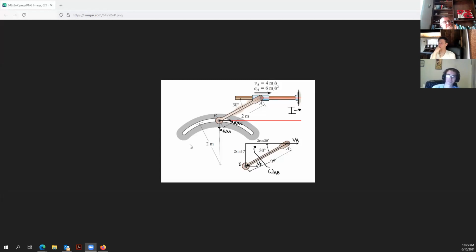Why do you say that though? You said it makes sense. Why does it make sense? Because at that exact moment it's traveling exactly tangent to a circle there. So by definition it has to have no velocity in the y, which is nice, and it simplifies the problem a little bit, but it also took me a lot of time to figure that out.